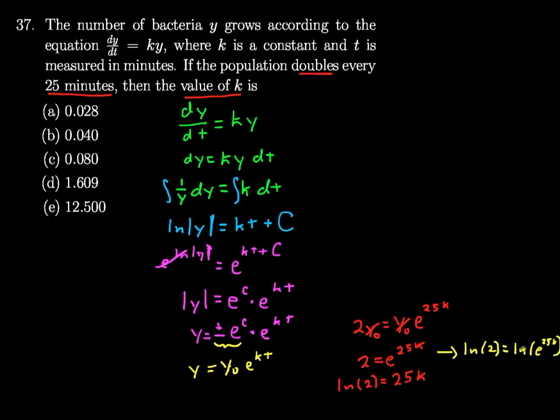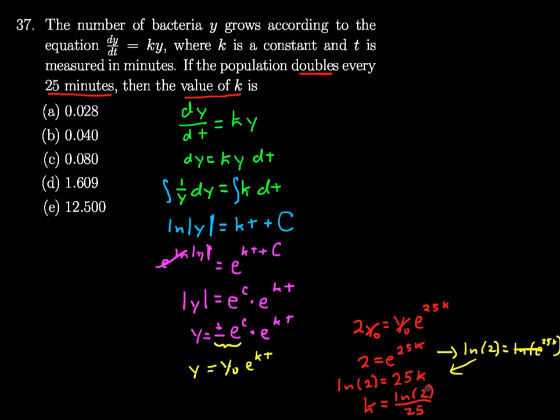And natural logs and e's, as before, cancel out. And one more thing, divide both sides by 25, I will get k is equal to the natural log of 2 divided by 25.